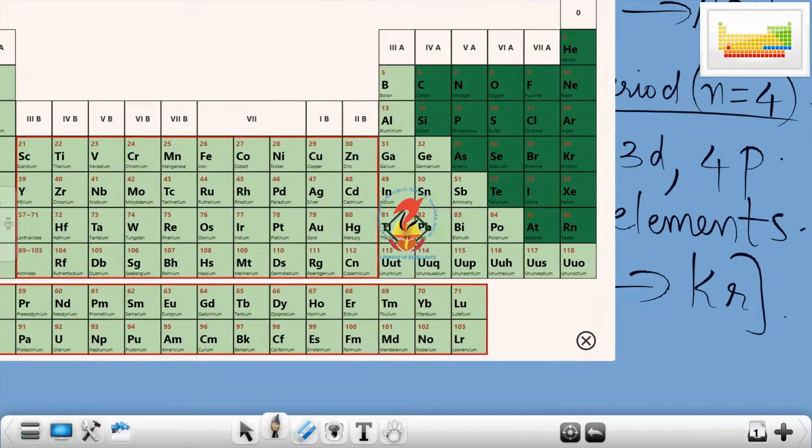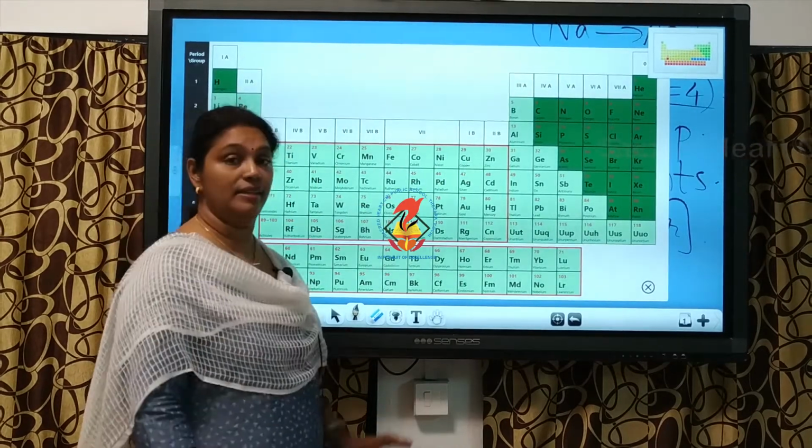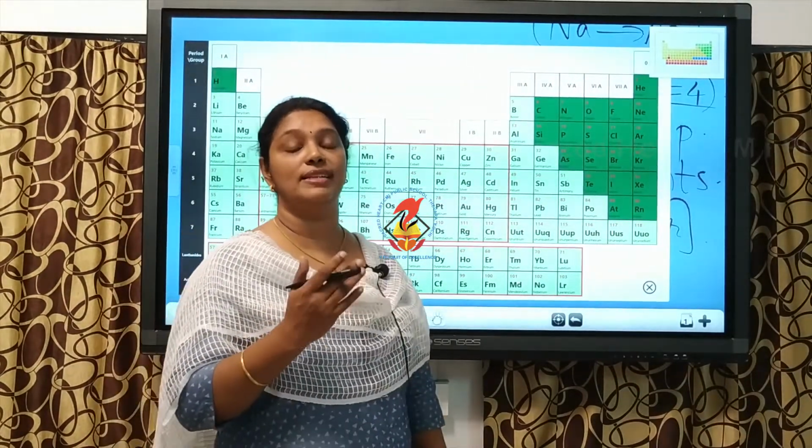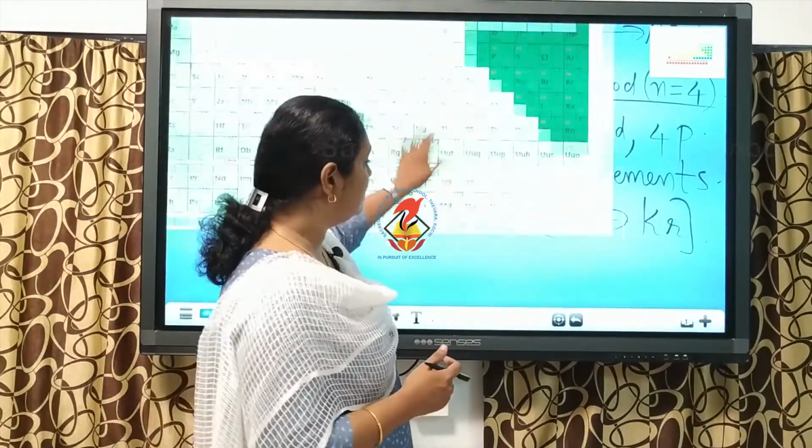Now here these 10 elements, that is from scandium to zinc, whose 3d orbitals are getting filled, they have a name. They are called 3d series.